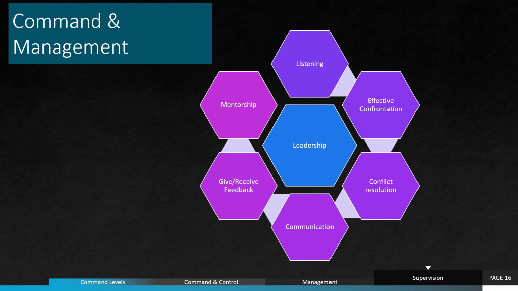Communication, so obviously listening is a big part of communication, but speaking and providing instruction, whether that's written or verbal, or even, most of communication is nonverbal. How do you use your body language, and how's that being translated by the person that's the audience? That's huge.